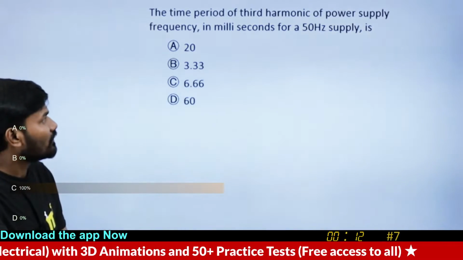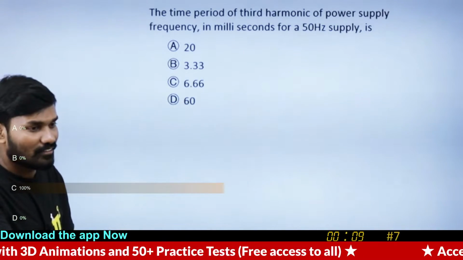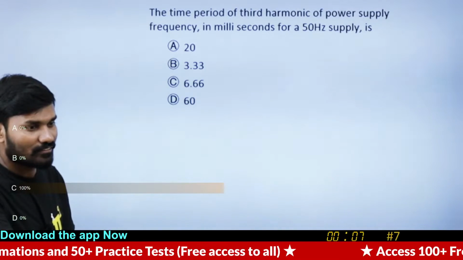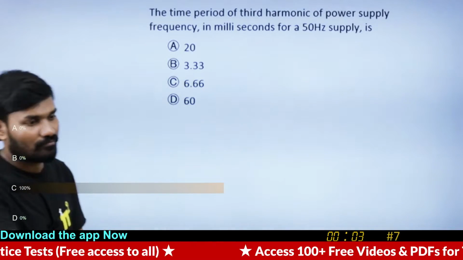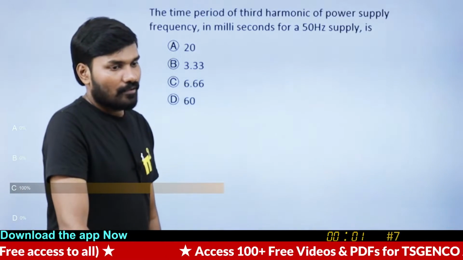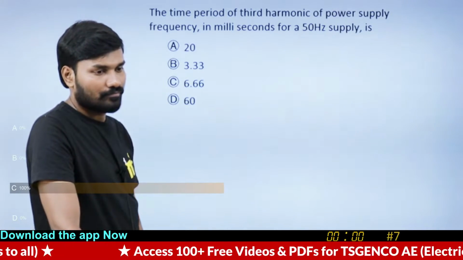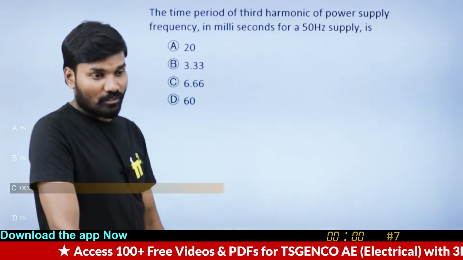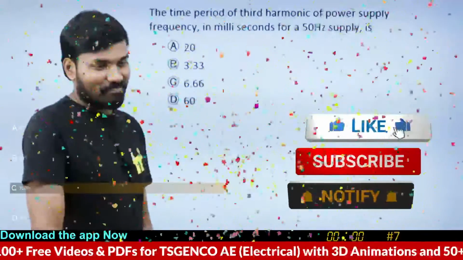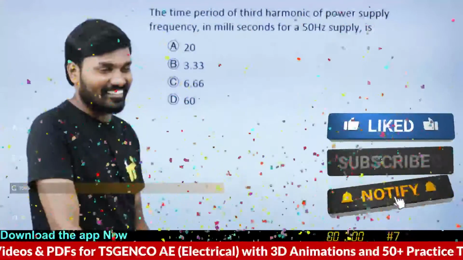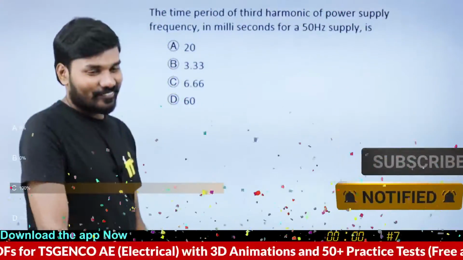Everybody's marking for C. Let's see whether it is right or wrong. Just 5 more seconds to go. So everyone opted for C. That's a good sign, but we have to check whether it is right or wrong. Okay. Let's see.